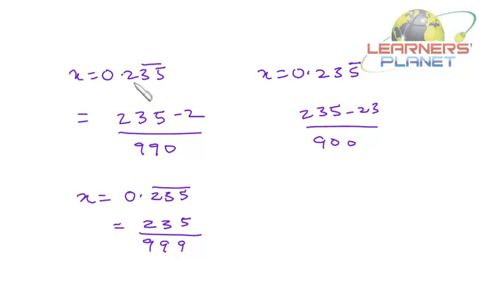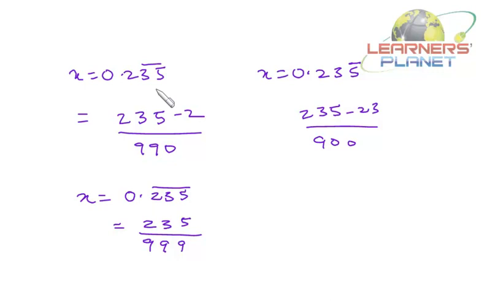So as many digits having a bar, we get that many nines. Similarly, here I am having one digit without a bar, so I'll be putting one zero. Here I am having two digits without a bar, so I'll be putting 2 zeros, and here I have no digit without a bar, so I will not be putting any zeros. If you can memorize this concept, it will be very easy for you to tackle this sort of questions in your examination.